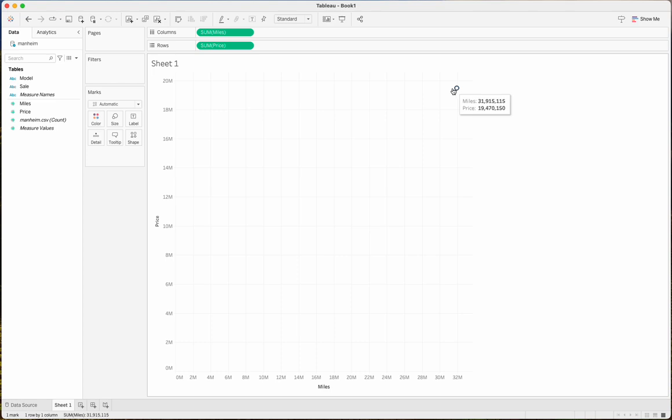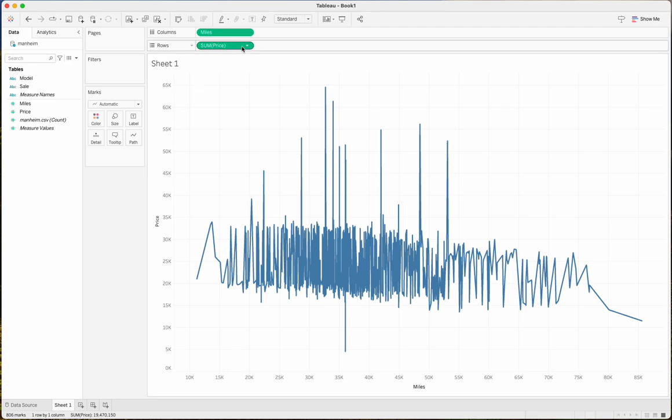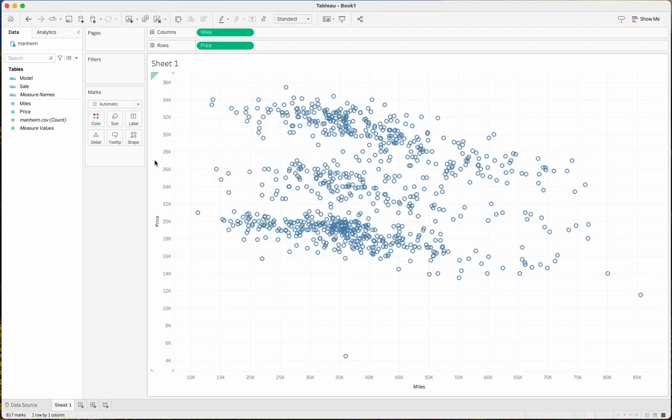To convert this into a scatter plot, I've got to take each of those observations that are measures and make them dimensions. I convert each of those into dimensions rather than measures, and I see the following scatter plot, with each observation of price and miles of the car. One thing to note is there is one observation right here that's out of the ordinary.